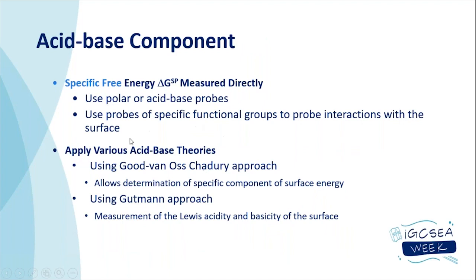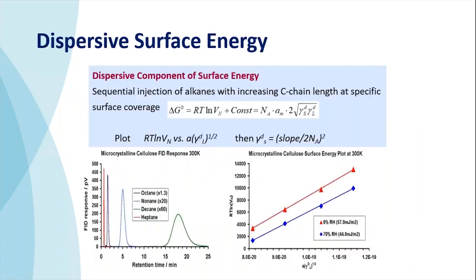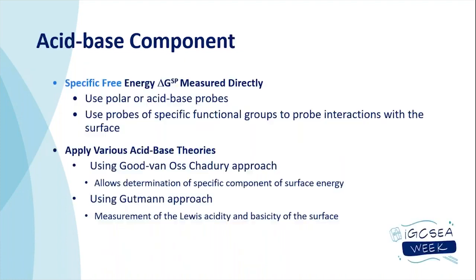Again, there are different acid-base series. We won't go into all of them, but essentially from these we can get the acid-base contribution to the surface energy. So we inject a few dispersive molecules, then a few acid-base molecules, and that gives us the dispersive and acid-base contributions, and that gives us the total surface energy of whatever material you're trying to study.